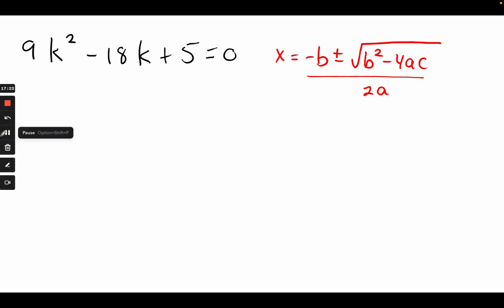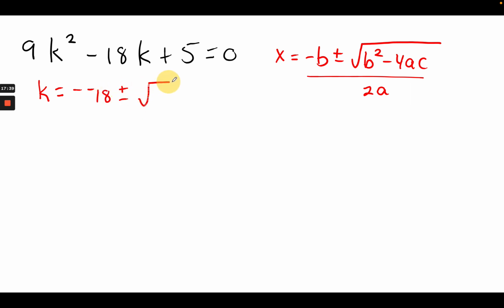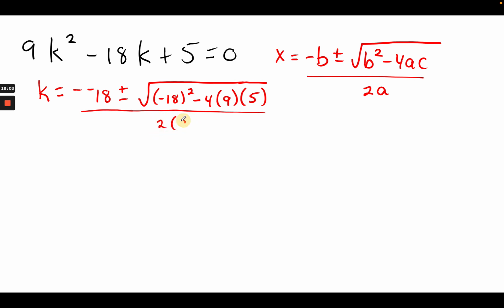Okay, so we have, in this case it's K. K equals negative 18 plus or minus the square root of negative 18 squared minus 4 times 9 times 5, all over 2 times 9.